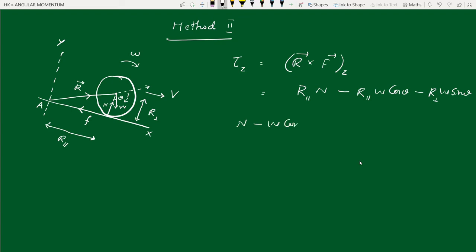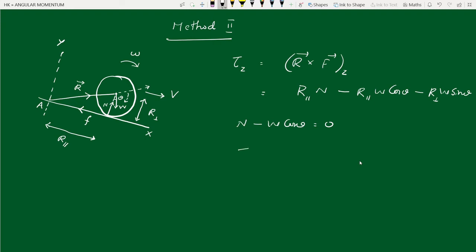Here, we know that n minus W cos theta is equal to 0, because n is in the plus y direction and W cos theta is in the minus y direction. Since there is no resultant acceleration along the y axis, n is equal to W cos theta. If you use that in the first two terms, they will cancel. R parallel is common, so r parallel into n minus W cos theta will be 0.